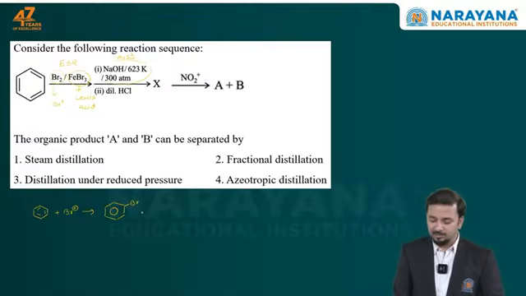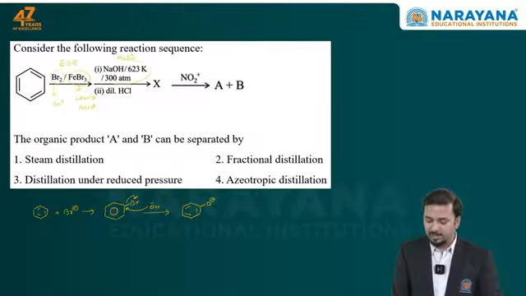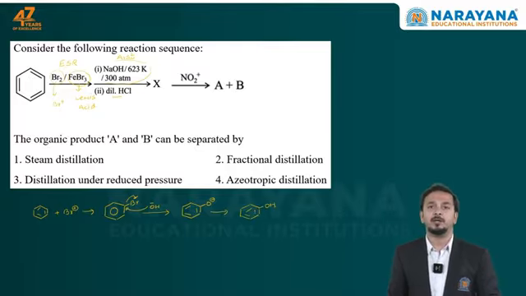In this case, the nucleophile OH minus can attack on this carbon, and Br minus will depart from here, which will lead to formation of phenoxide ion. This phenoxide ion in presence of dilute HCl will be converted to phenol.